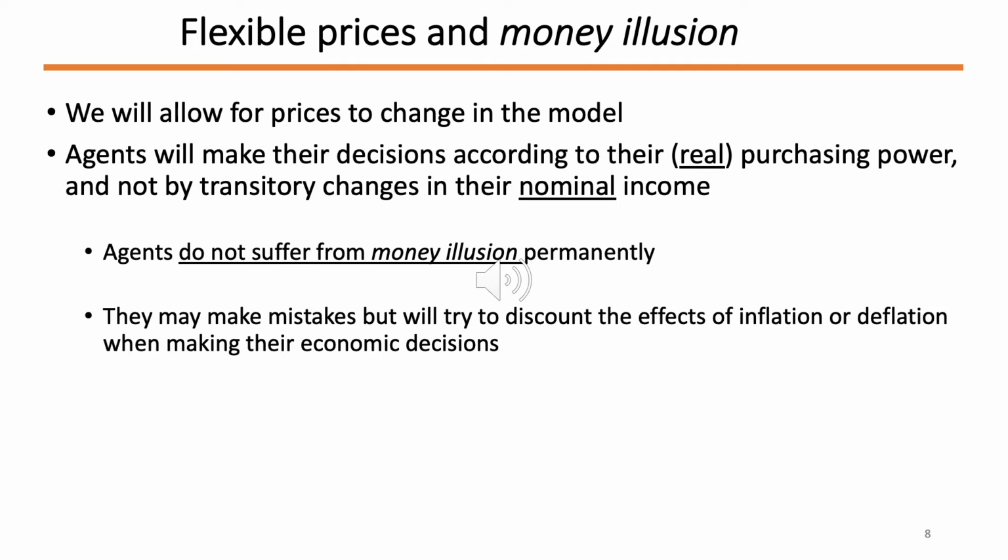They may make mistakes in anticipating inflation or deflation, and that's fine, but they will learn from those mistakes and they will try to discount the effects of changes in prices, either inflation or deflation, when making their major economic decisions. That's what we call the no money illusion hypothesis. So yes, inflation and deflation may occur in the economy, and agents try to discount the effects of inflation and deflation on their purchasing power, so they can plan their own spending decisions better.